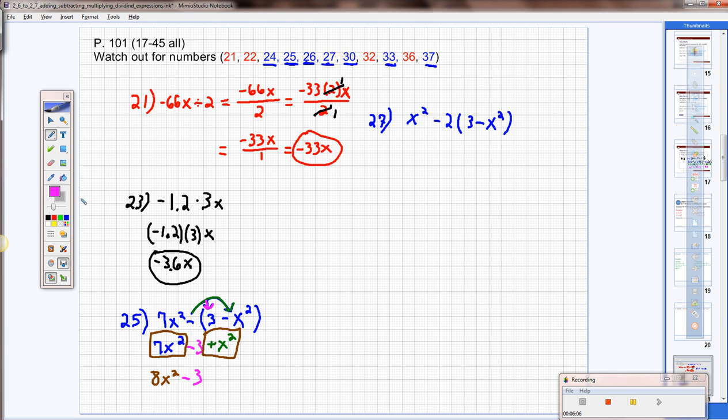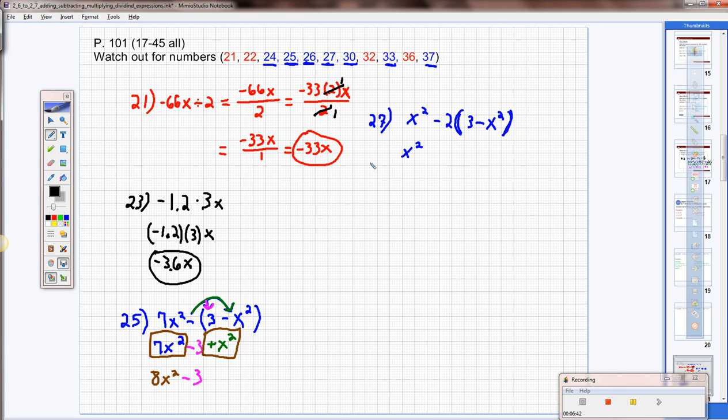We have another distributive property problem in 27. In 27 here, we actually have a number with it. So we start with x squared, and we have that pesky negative again. Pesky negative. And remember, we're basically multiplying everything inside these parentheses here times negative 2. And how are we allowed to do that?